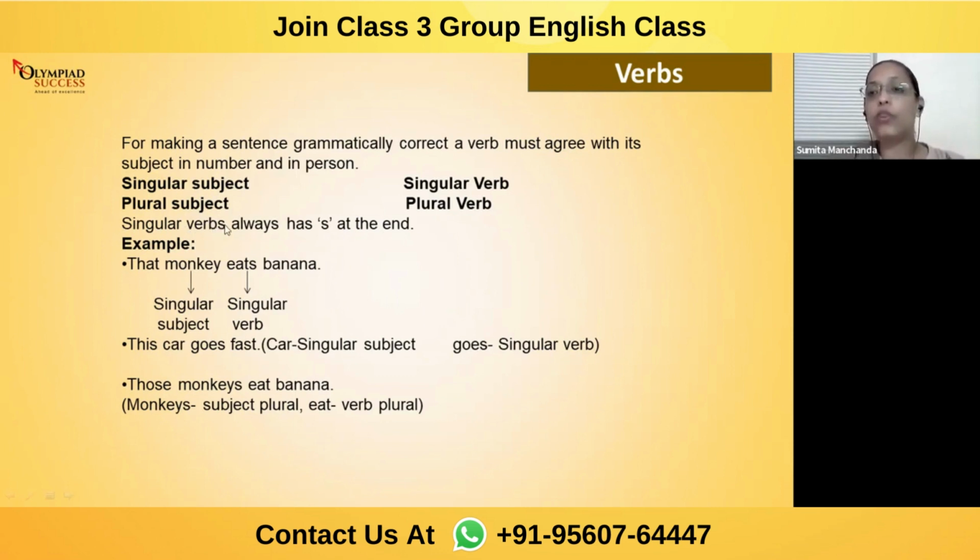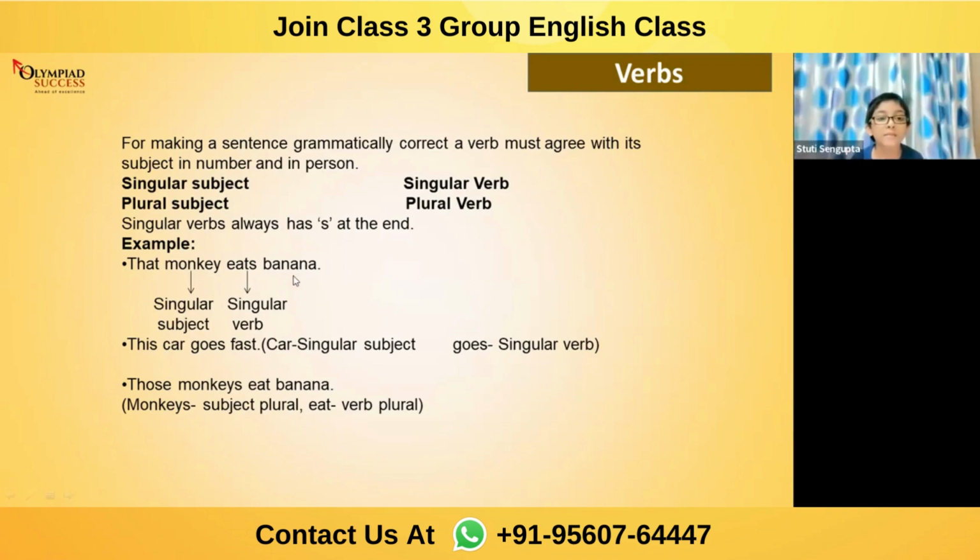We always know that when we talk about nouns, we add s to book, books, but it is different in verbs. When I add s to a verb, it is not plural, it is singular. That monkey eats banana.